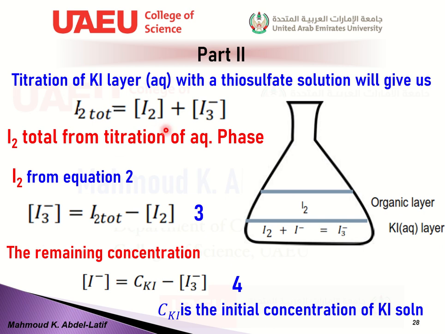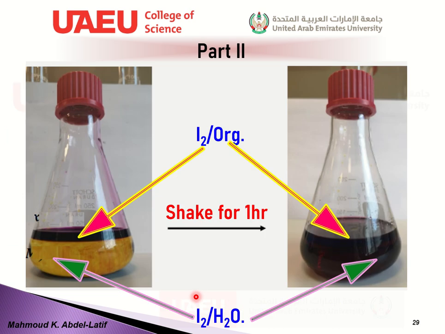And still in part 2, we can get the concentration of triiodide. Just titrate the total iodine in this layer and subtract from the total concentration the iodine you got from equation number 2. You can determine this one. The remaining concentration of iodide is just the initial one minus the triiodide.